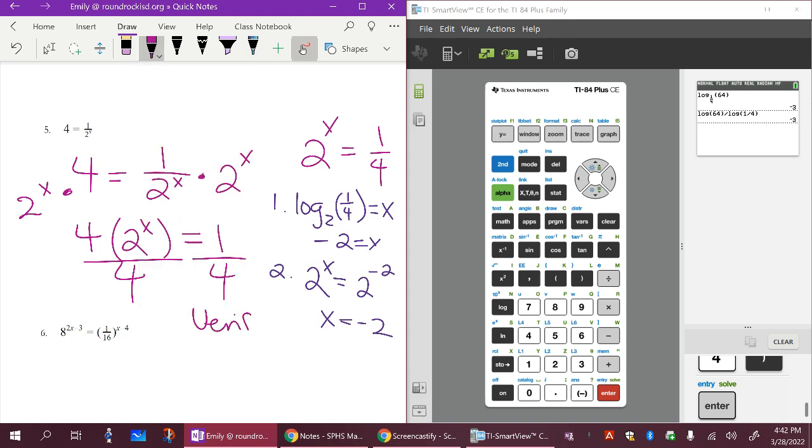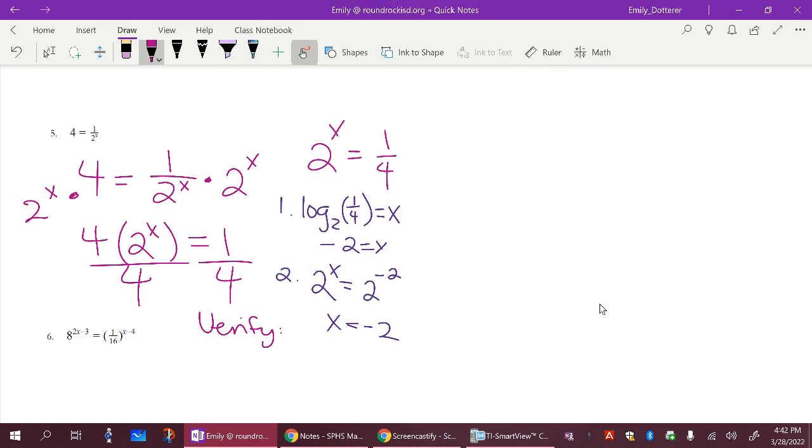Verify. Okay. I'm just going to verify over here. So 4 equals 1/2 to the negative 2.